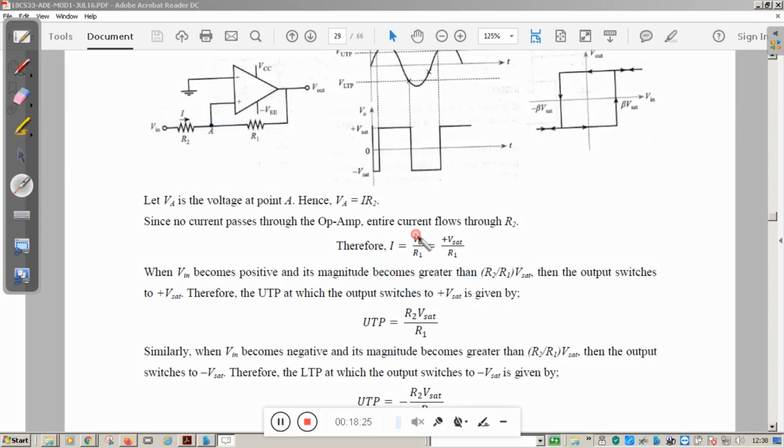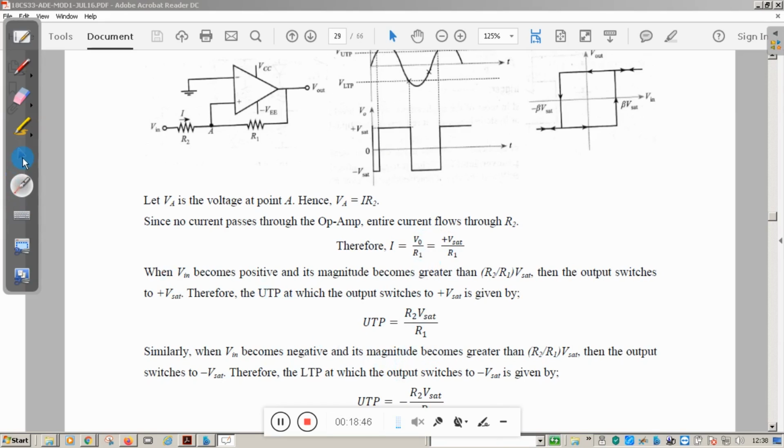So I is equal to V0 by R1, that is, Vout by R1. Vout is nothing but VSAT. So UTP is calculated here: R2 by R1 VSAT.